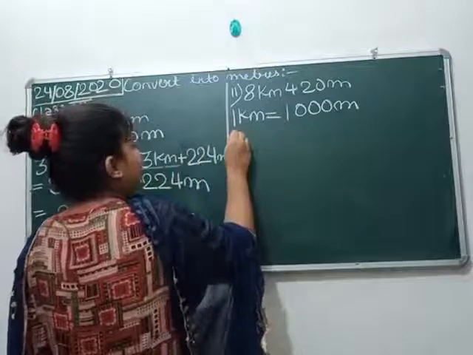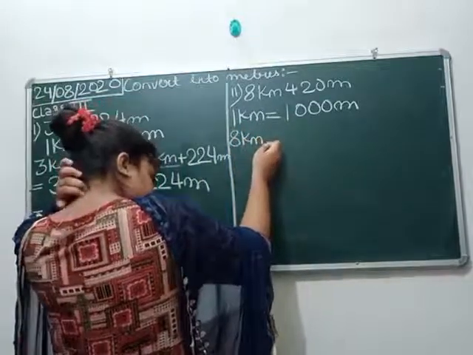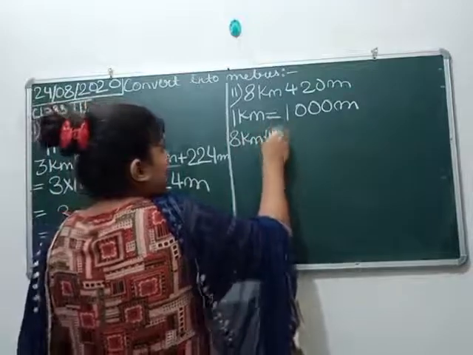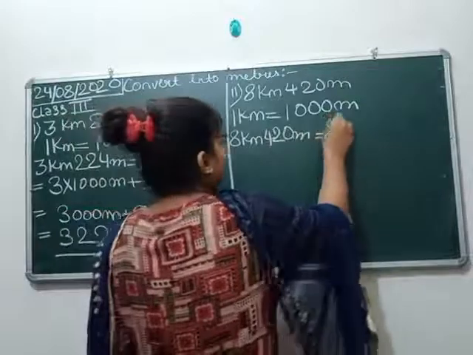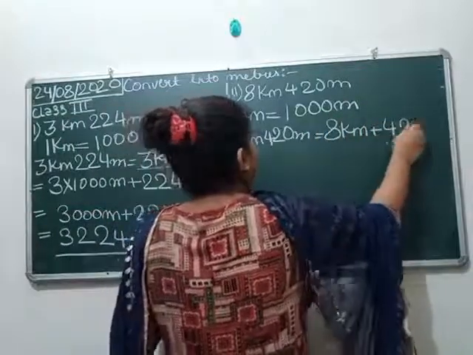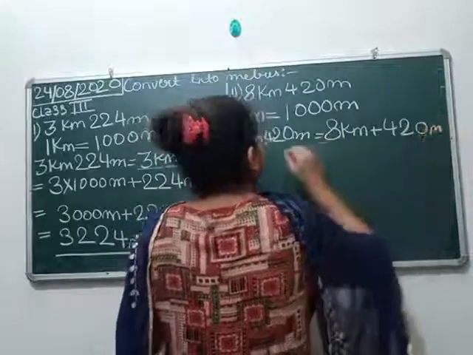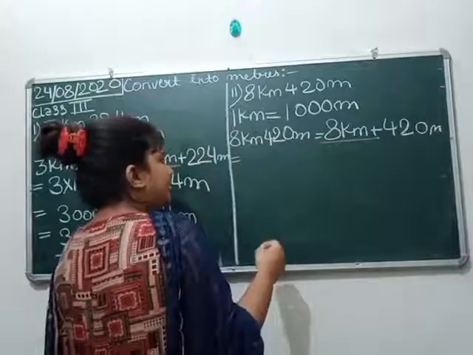Okay, now 8 kilometer 420 meters equals to 8 kilometer plus 420 meter. Now we will convert this 8 kilometer.